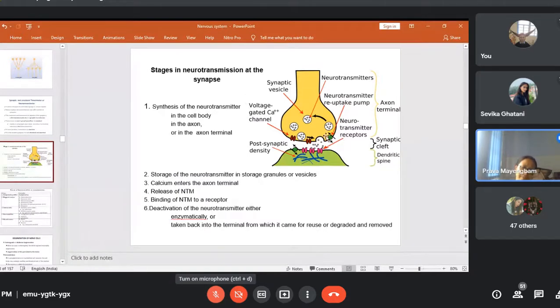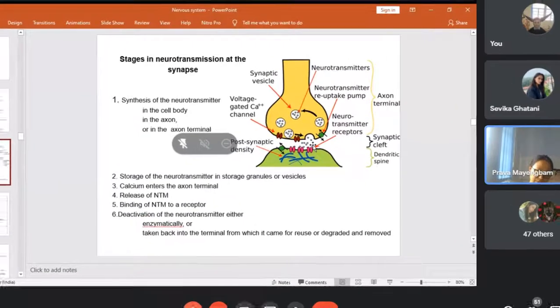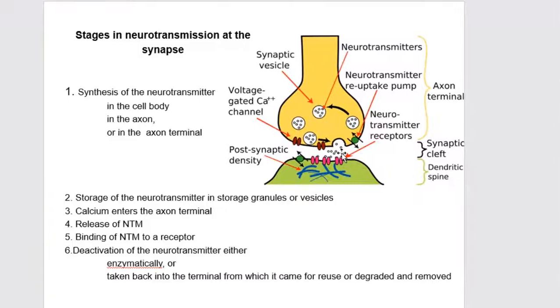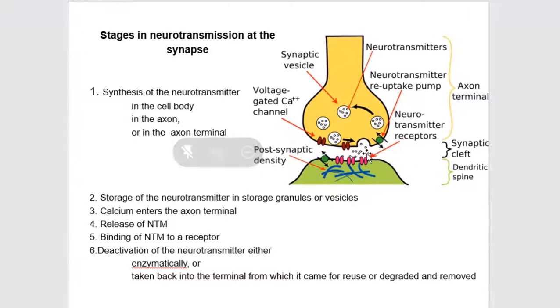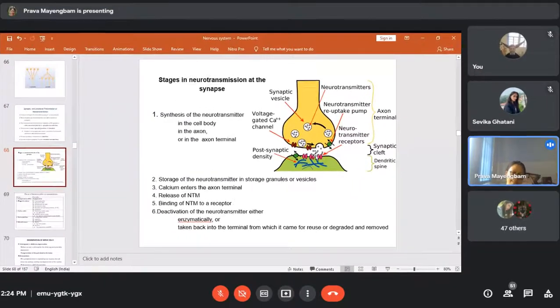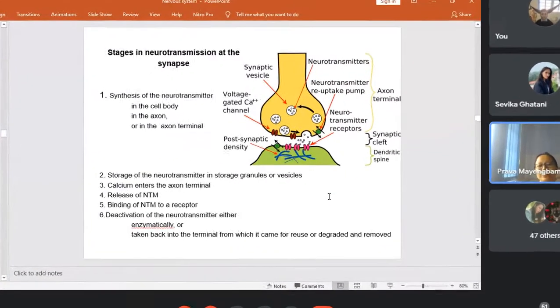So if those enzymes which can break down those neurotransmitters are not available, in that case these neurotransmitters will wait. They will wait for another time. Okay, they will wait quite a long time, and if they further cannot bind, then they will be destroyed.